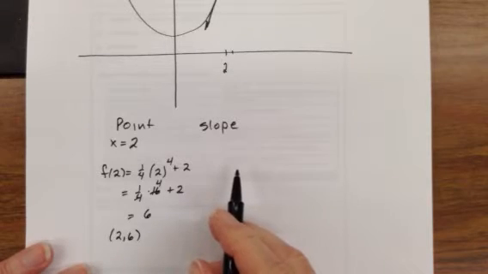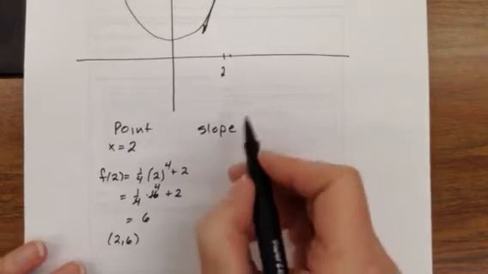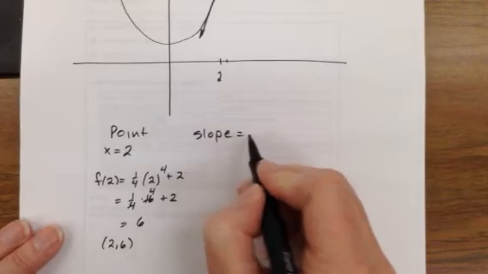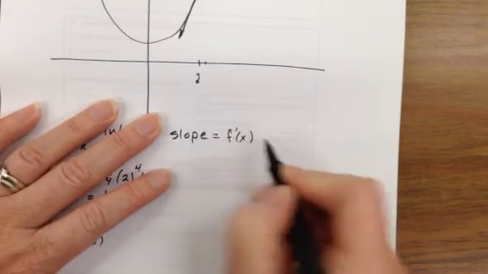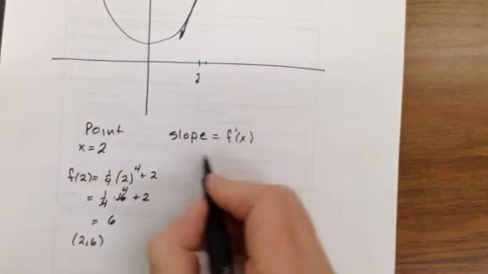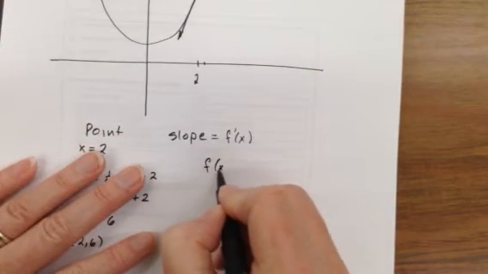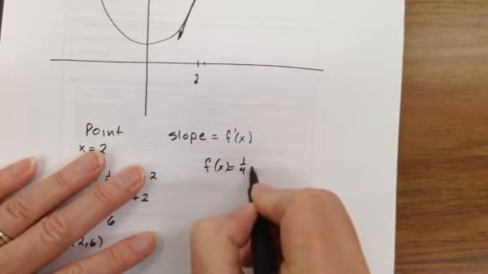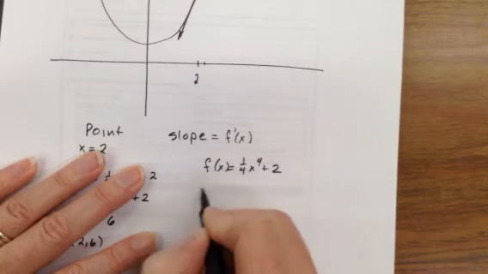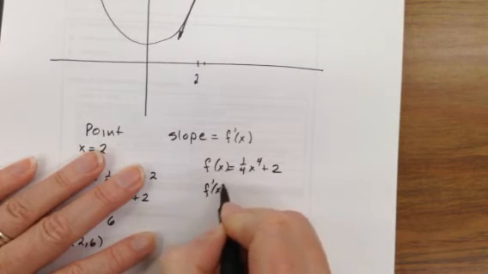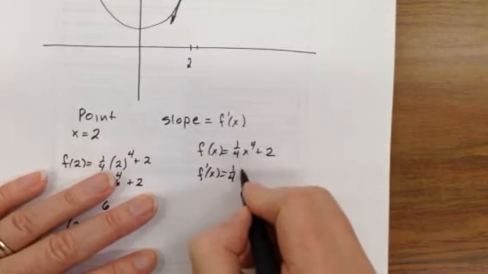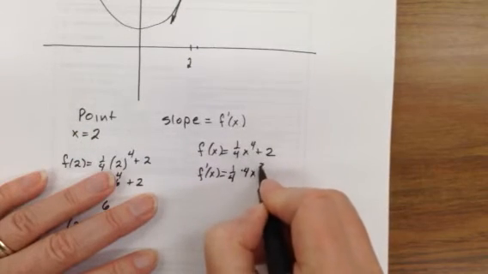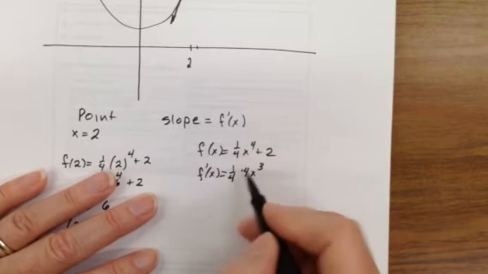Now what about the slope? Well, we have to remember something. The slope of a tangent line is found using the derivative. Oh, we should probably take the derivative then. f(x) = 1/4 x^4 + 2, f'(x): scalar of 1/4, power rule, the 4 comes down, x cubed, the derivative of a constant is 0.